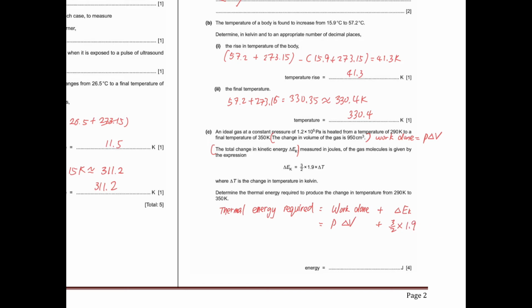So these are given. I mean the P delta V, you have to memorize it. The pressure is given 1.2 times 10 to the power 5. The change in volume is given 950 cm3, so 950 cm3 changed to SI unit is times 10 to the negative 6. Then 3 over 2 times 1.9, change in temperature 350 minus 290.